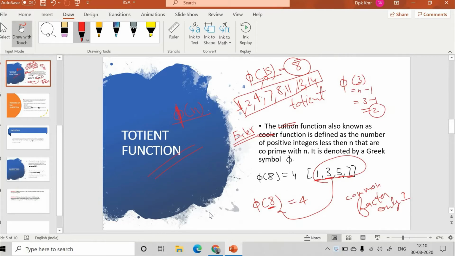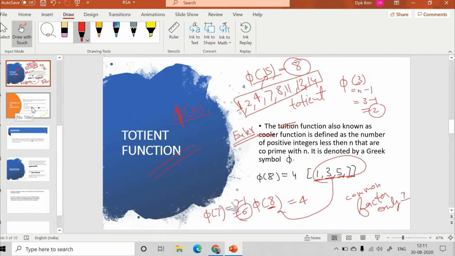So suppose I have to find the totient for 7. So this will be 7 minus 1, and 7 minus 1 is 6. So totient for 7 is 6. So this is how we do totient function.